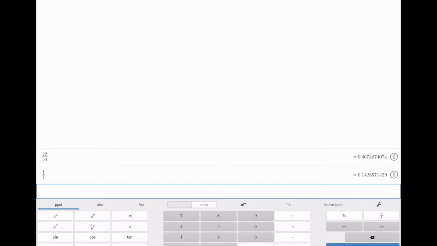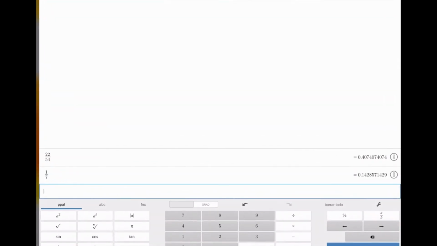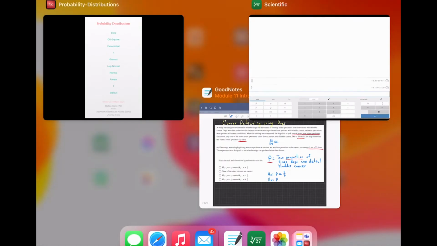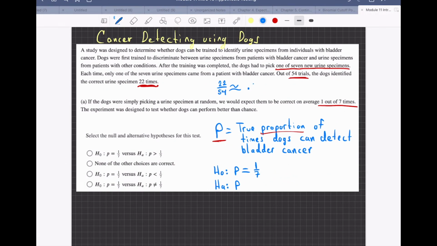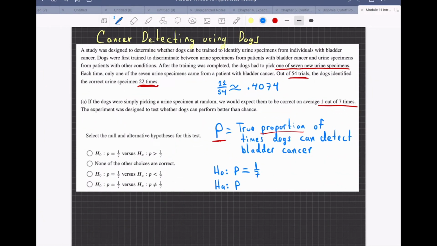So here we see that the value from the sample suggests that dogs can do it better, better than 1 out of 7.